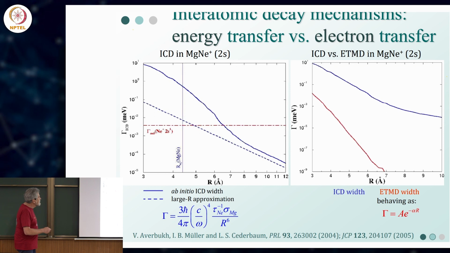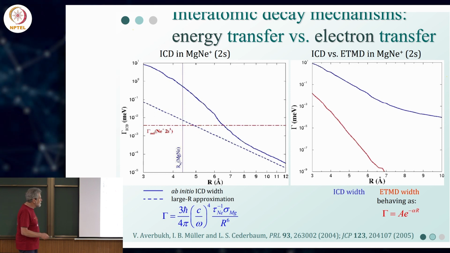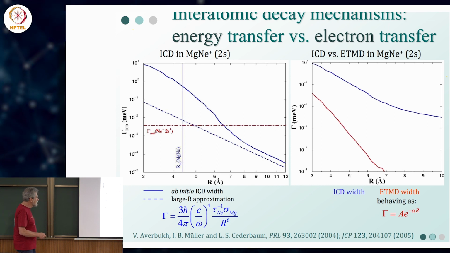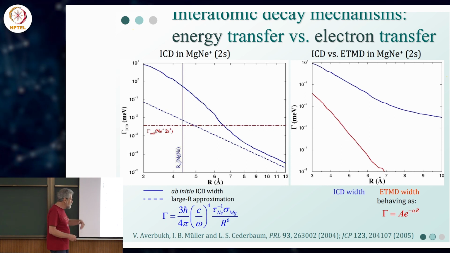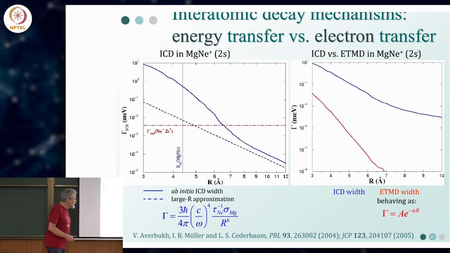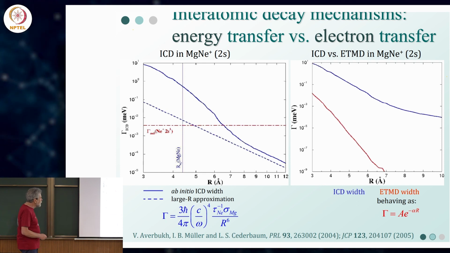Now, let's look at energy transfer versus electron transfer. So ICD, which is energy transfer at large distances, and ETMD, which we saw you have to transfer an electron, so it's charge transfer or electron transfer. Now, this is a log-log plot.